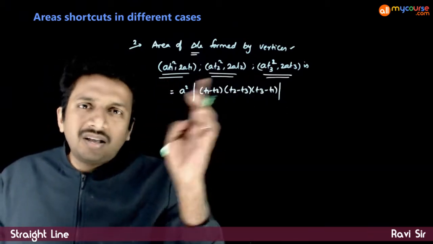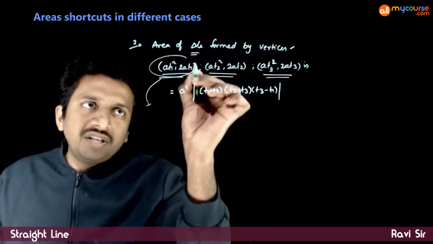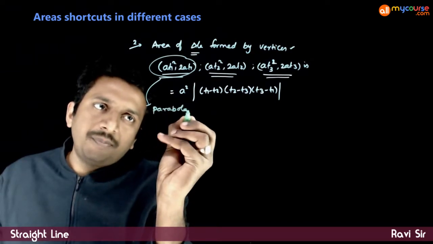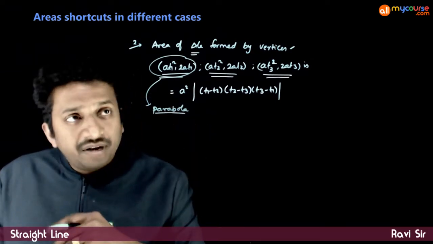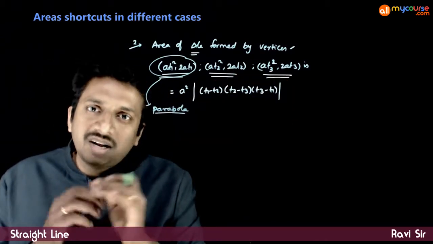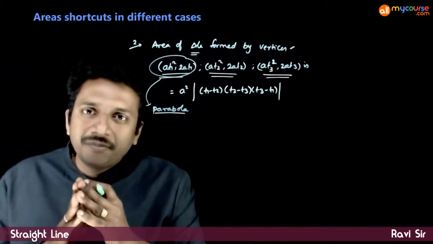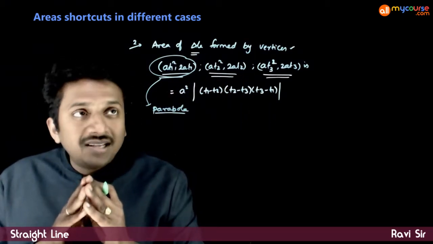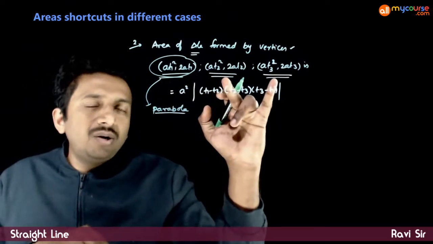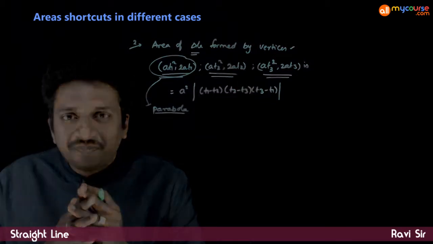These points look special, and you'll understand their importance when you read the chapter on parabola. For now, if the points are of this form, at square, 2at, with t being t1, t2, t3, the area of the triangle is a square times (t1 minus t2) into (t2 minus t3) into (t3 minus t1).